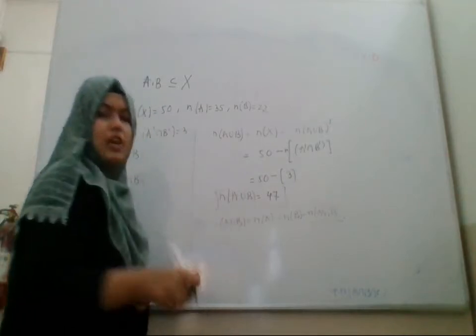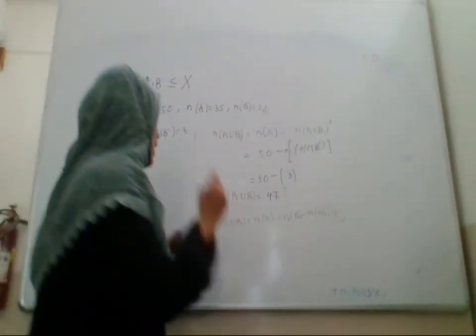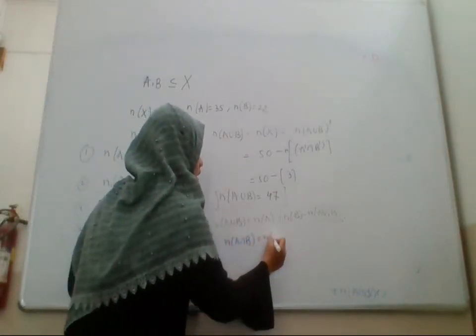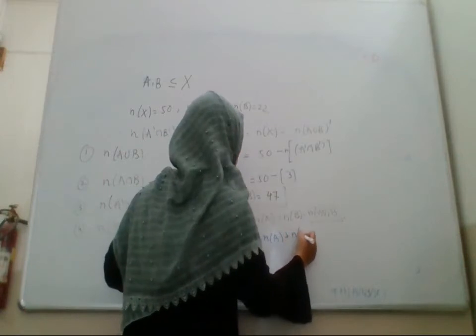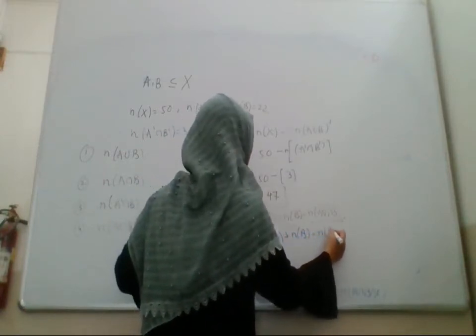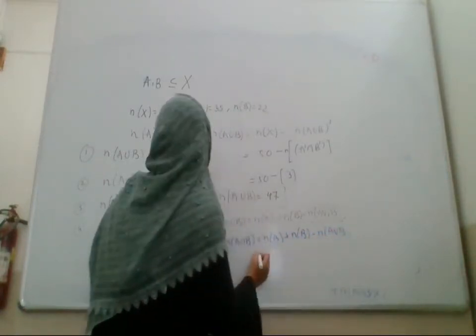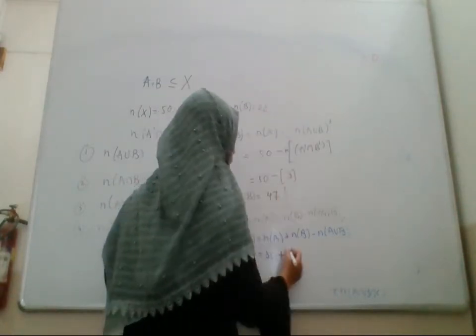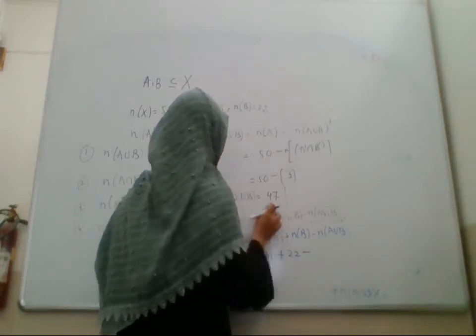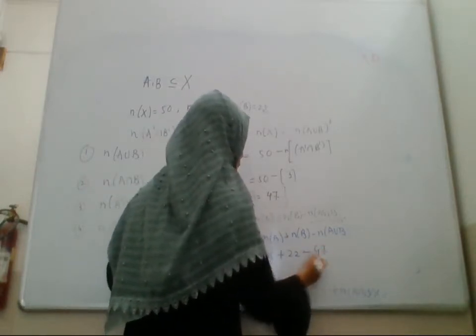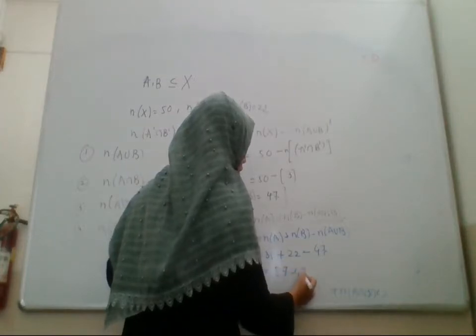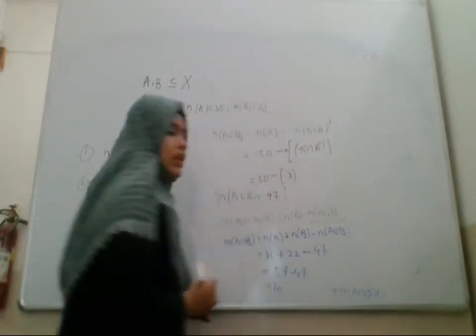So cardinality of A intersection B is equal to n of A plus n of B minus n of A union B. n of A हमें given है, it is 35. n of B given है 22. n of A union B just now we have calculated, it is 47. So this is 57 minus 47, answer is equal to 10.